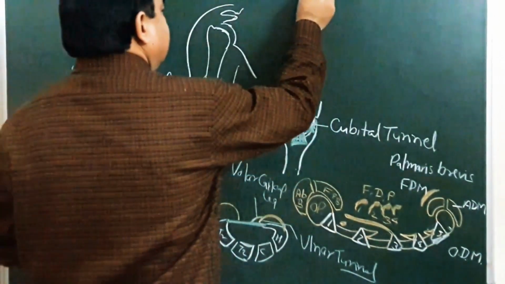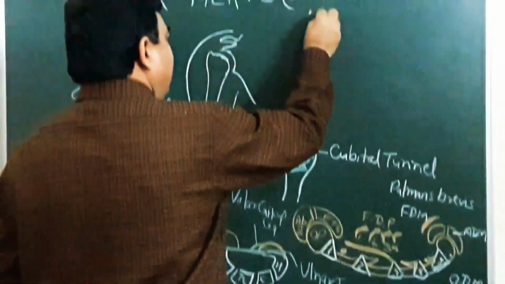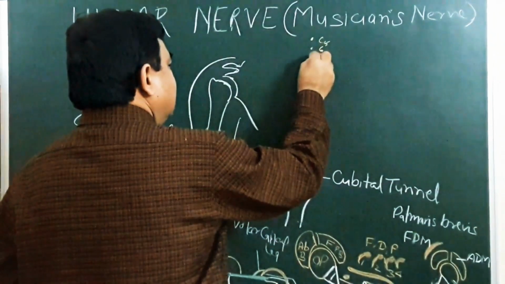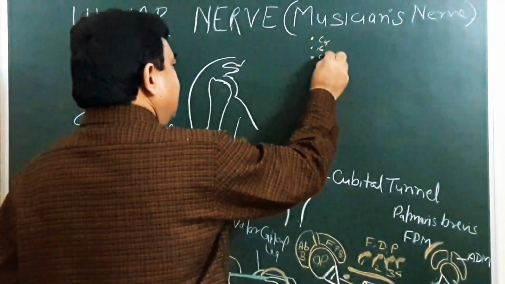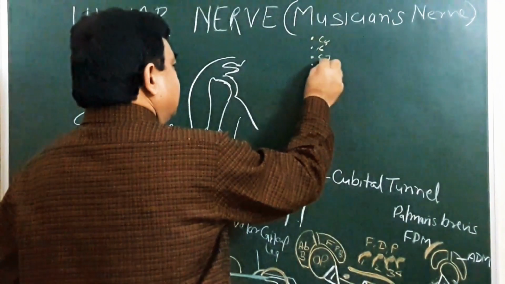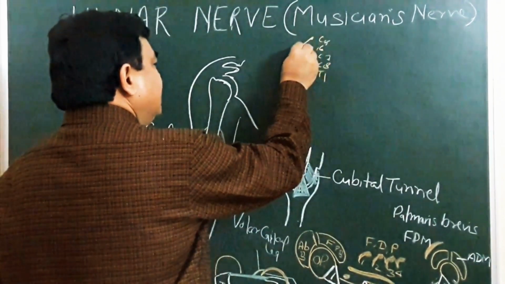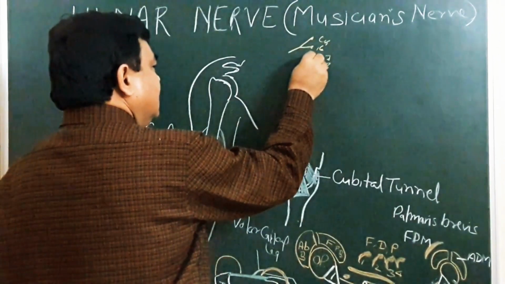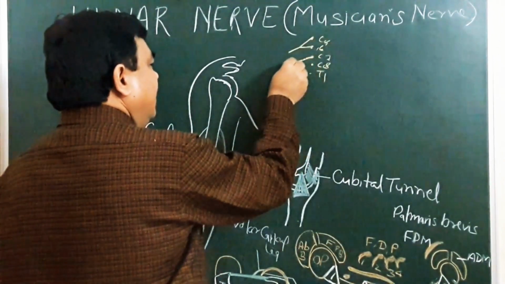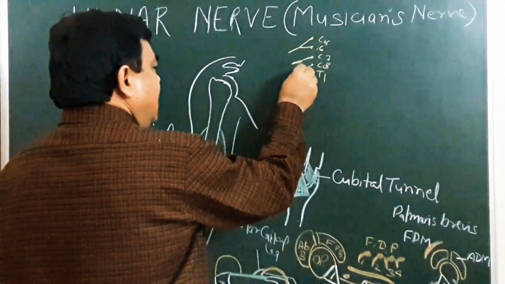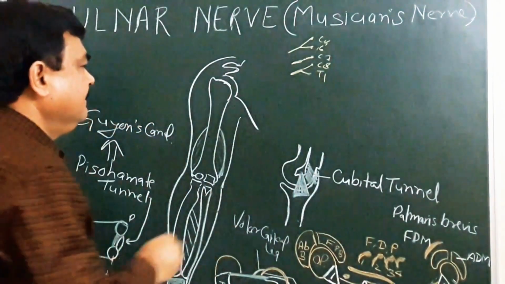As you know, here are the ventral rami of C5, C6, C7, C8, and T1. C5 and C6 form the upper trunk, C7 forms the middle trunk, C8 and T1 form the lower trunk.